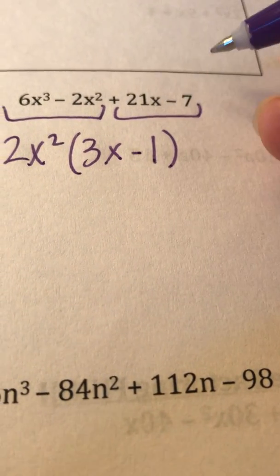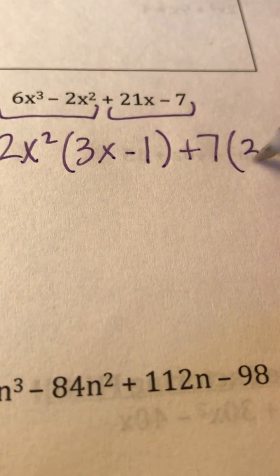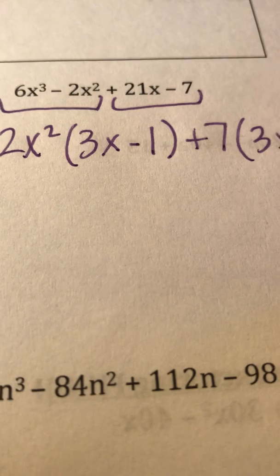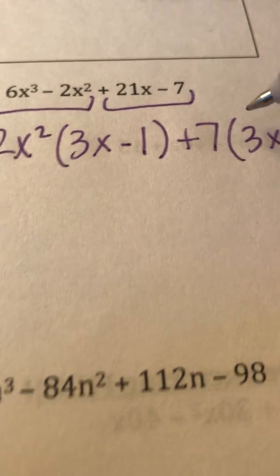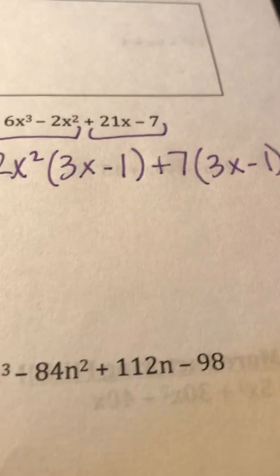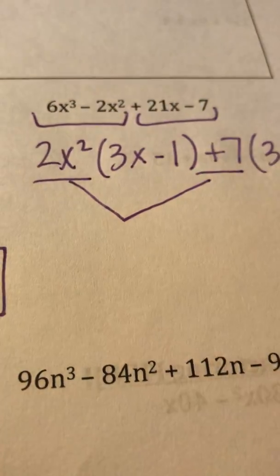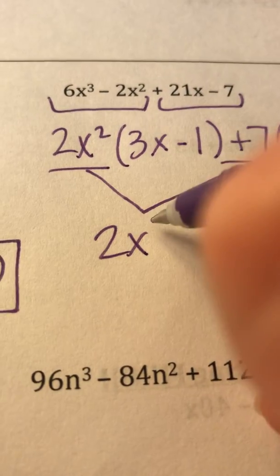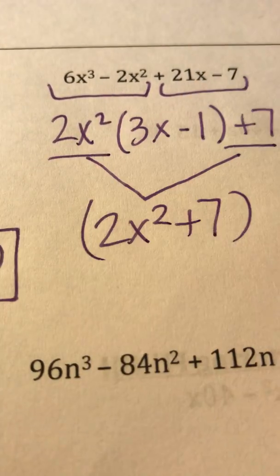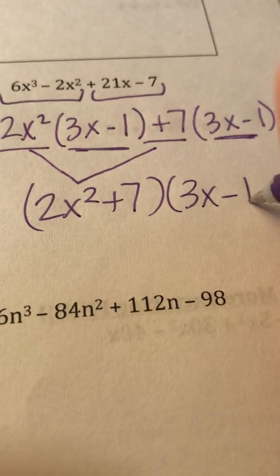Now, greatest common factor here is a 7, so we have plus 7, 3x minus 1. If I check this, 7 times 3x is 21x. 7 times negative 1 is negative 7. Okay, we're good. So this is one factor here, 2x squared plus 7. And my other factor is this part here, and that is 3x minus 1.